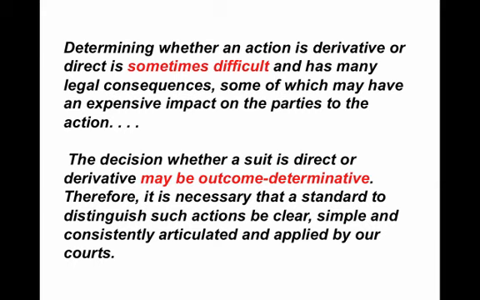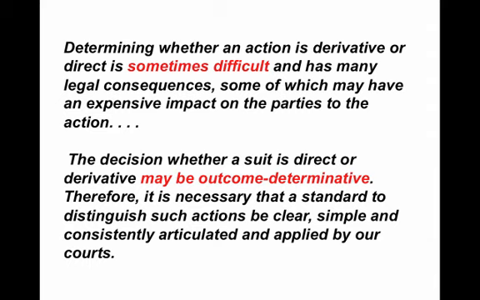Most often, if you find the case is derivative, that will often mean it is much more difficult for a plaintiff to maintain control and to not face dismissal by a decision of the board and/or the special litigation committee to drop the suit. That's why the decision, as the Tooley case put it, whether a suit is direct or indirect may be outcome determinative. Right? Therefore, as the court said, it is necessary that a standard to distinguish such actions be clear, simple, and consistently articulated and applied by our courts.